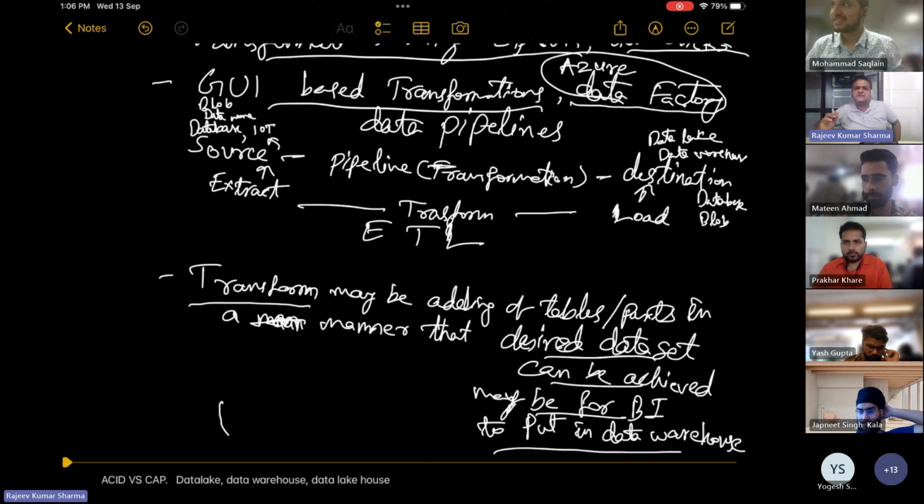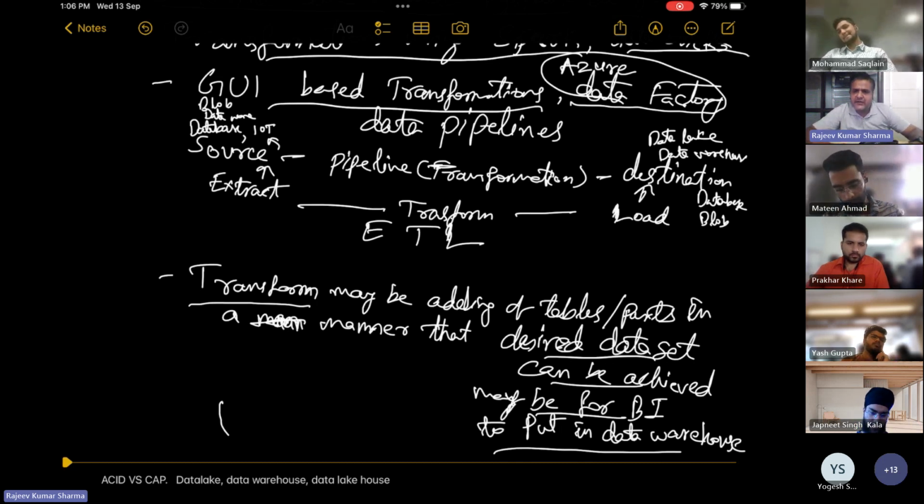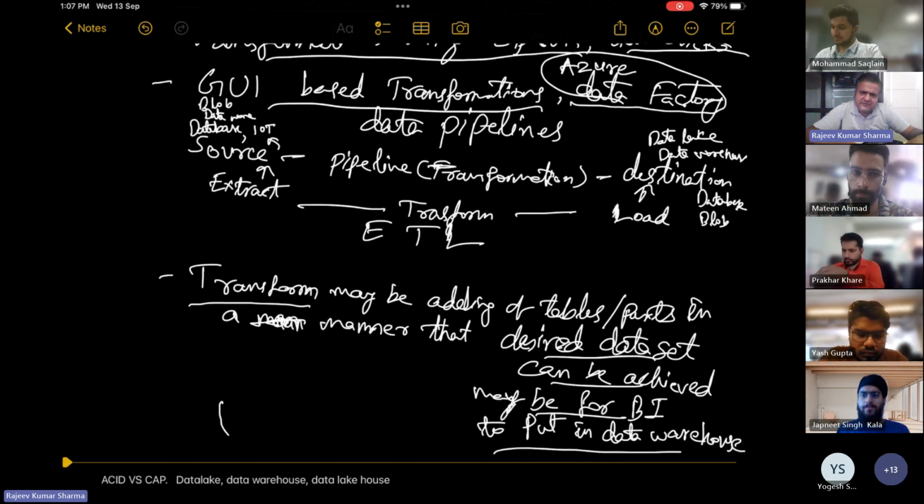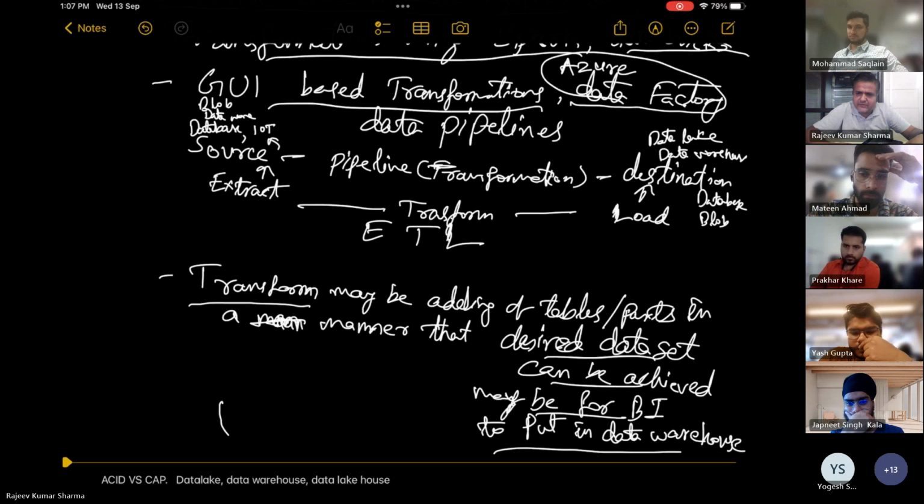You people got the basic concepts and ideas of what data engineering is, how to deal with data, and what the various types of databases are. Just for your reference, go through CAP, ACID, NoSQL as well as transactional databases, and write the things down. If you have any doubt regarding data engineering, data pipelines, or data transformations, just ping me.